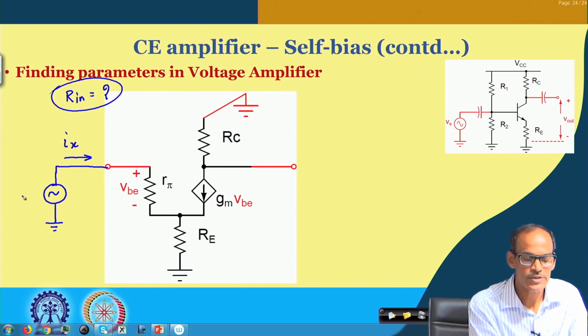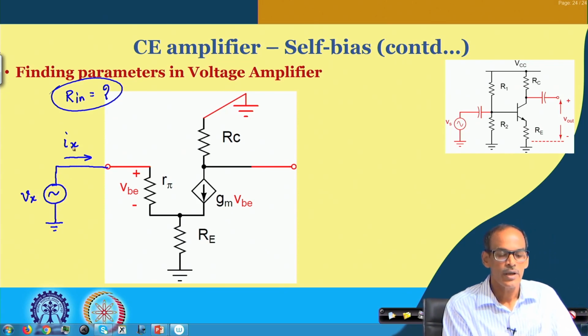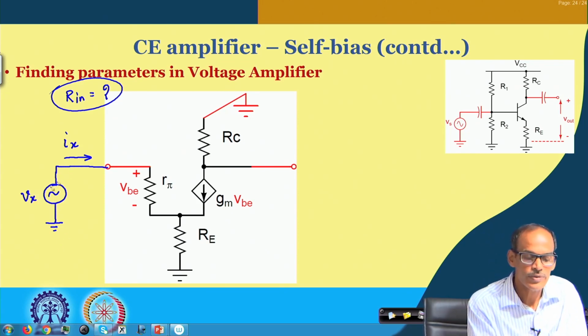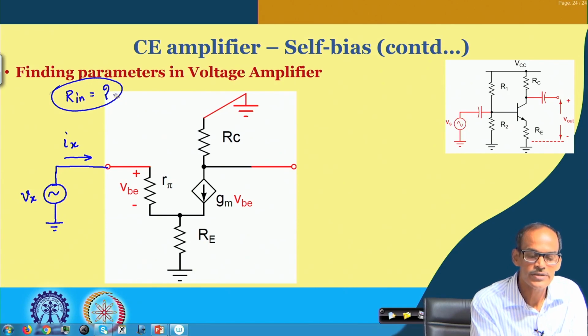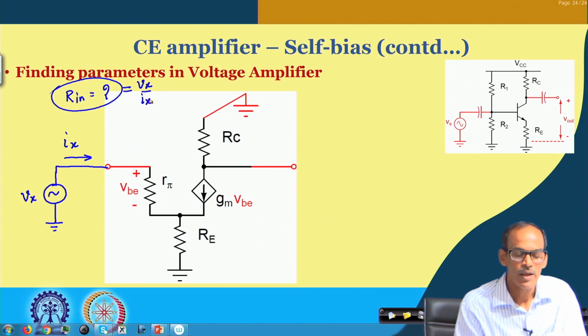We call this V x, and then we observe I x, and the ratio of V x and I x gives us the resistance. So, V x by I x is the resistance.